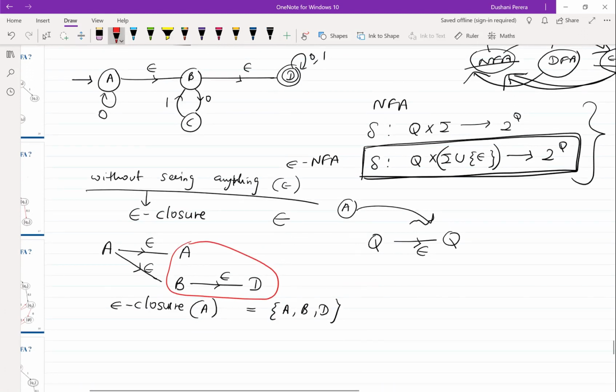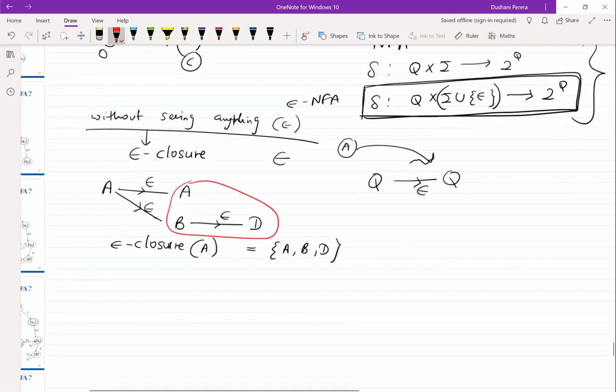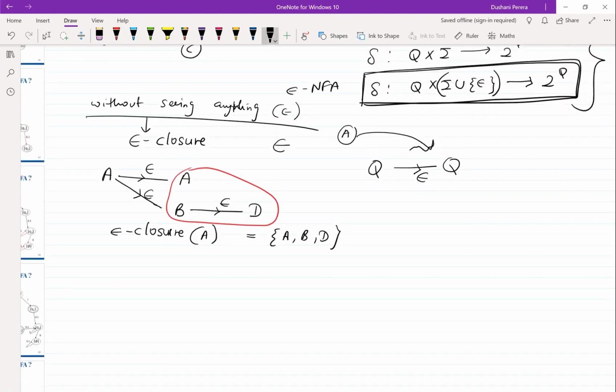That is a default mechanism. Then I can go from A to B. After B, from B I can go to D. So A, B, D is the null closure of state A. Okay, right.